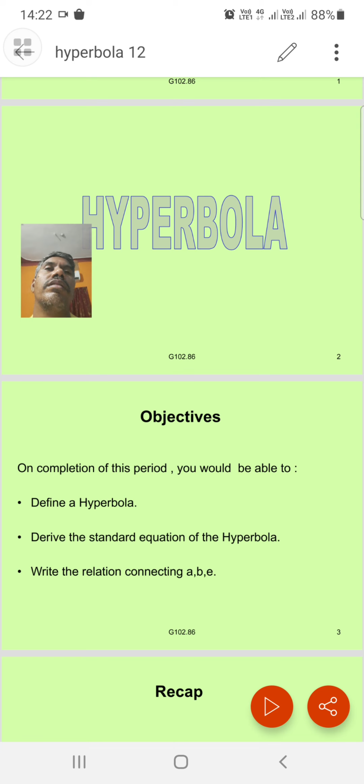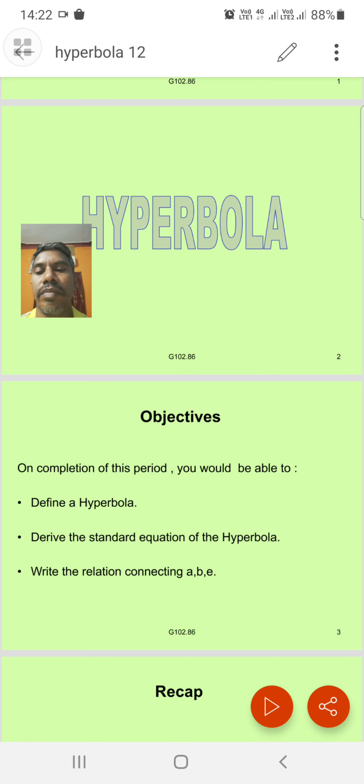This comes from the eccentricity condition, that is SP by PM equals e, and squaring on both sides, SP square equals e square into PM square. SP means the distance between two points, the focus and point P on the curve.